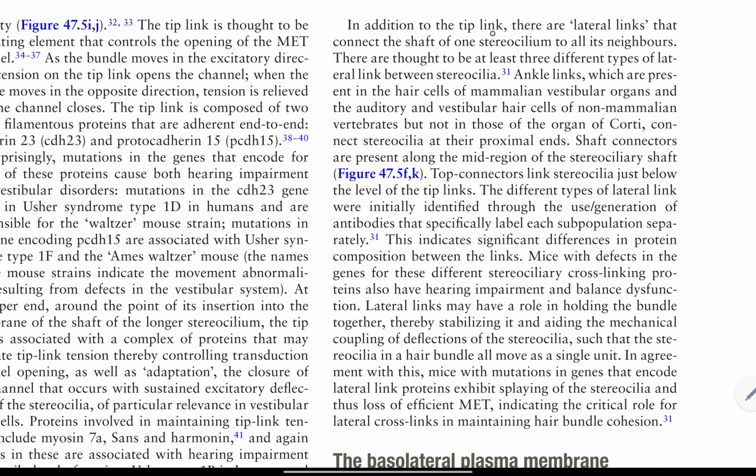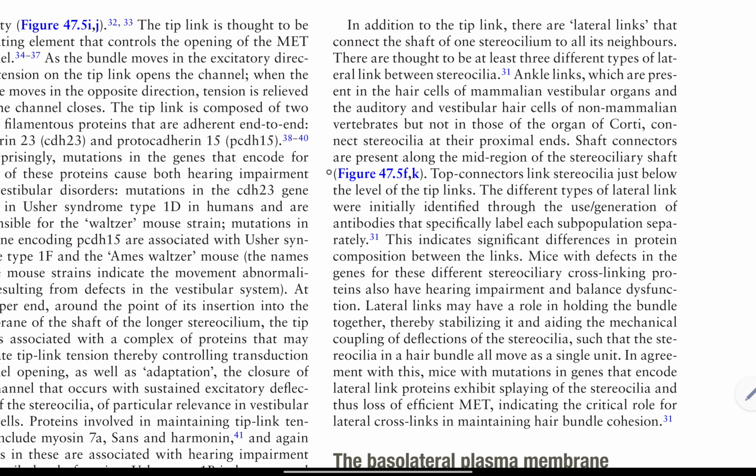In addition to the tip link, there are lateral links that connect the shaft of one stereocilium to all its neighbors. There are thought to be at least three different types of lateral links between stereocilia. Ankle links, which are present in the hair cells of mammalian vestibular organs, and the auditory and vestibular hair cells of non mammalian vertebrates, but not in those of the organ of Corti, connect stereocilia at their proximal ends.